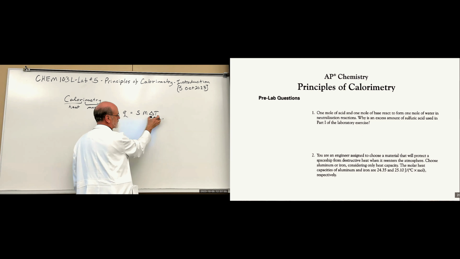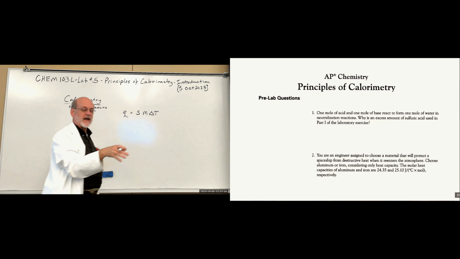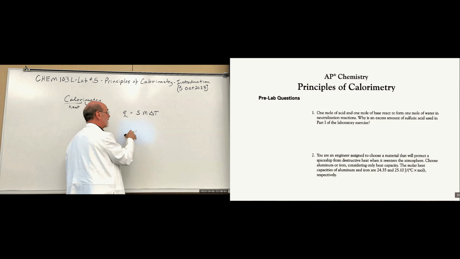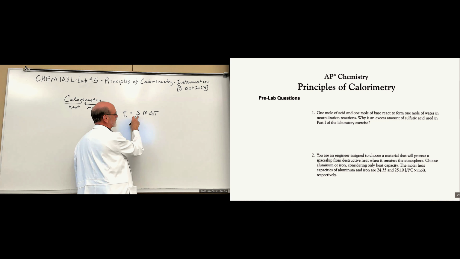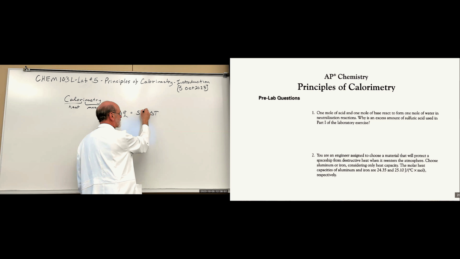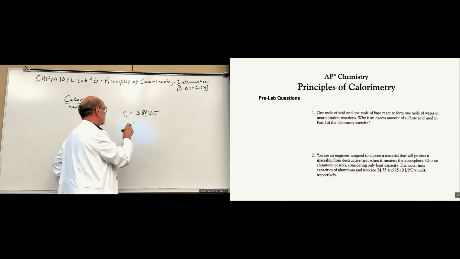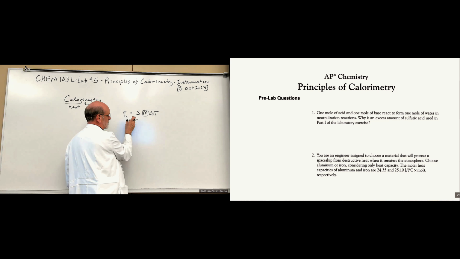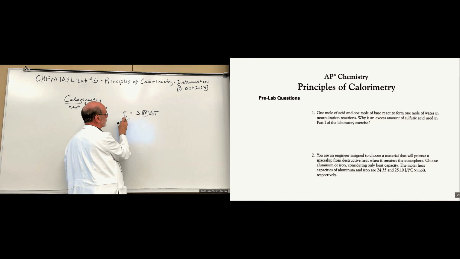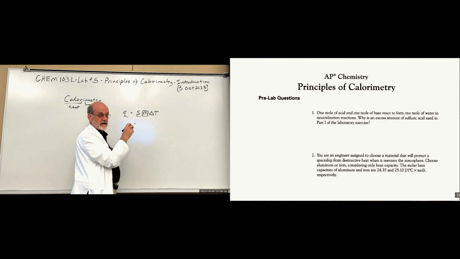So there's your difference in temperature between what the object started at and what it ended up at. This is the specific heat, multiplied by mass, and this is the mass. So you have to know temperature change and you have to know mass. And depending on what you're solving for, if you're solving for how much heat is transferred, then you've got to know this one too. You've got to know specific heat.